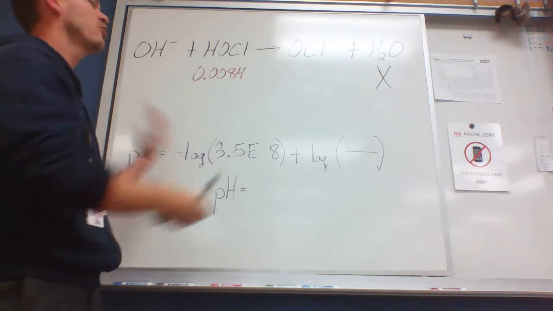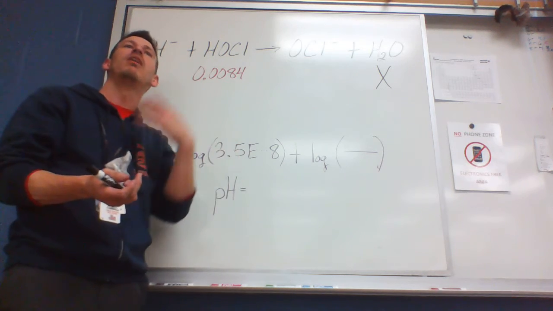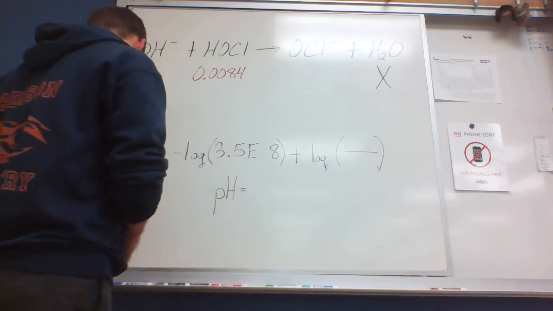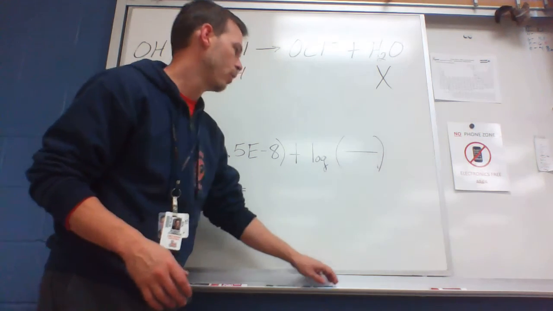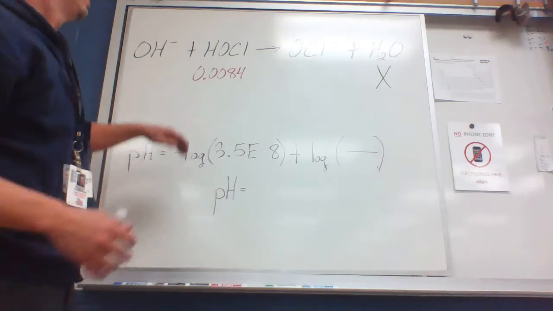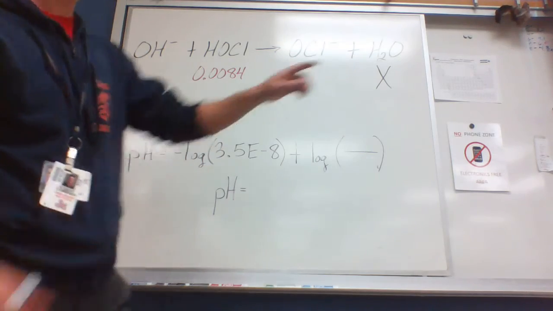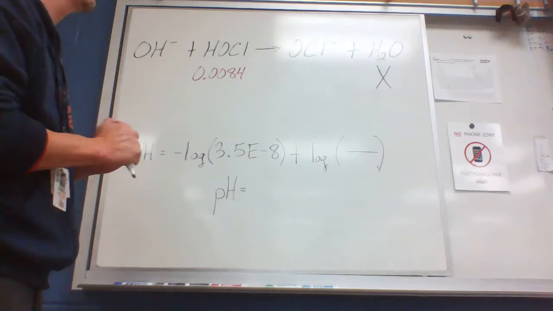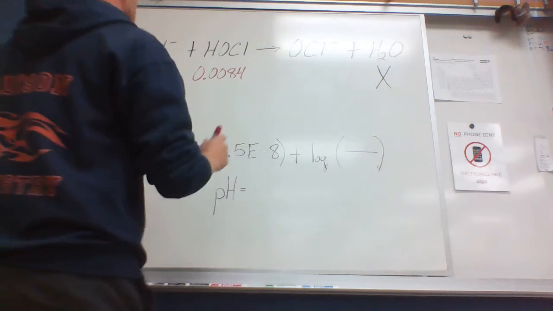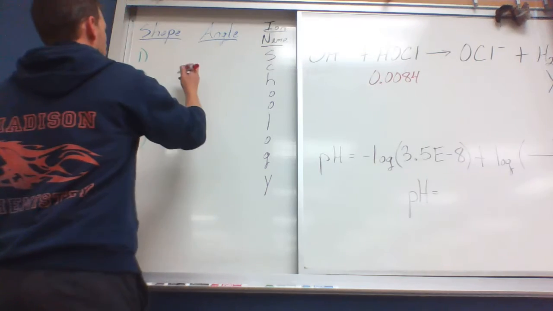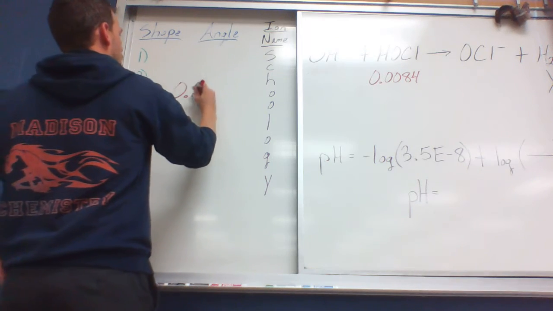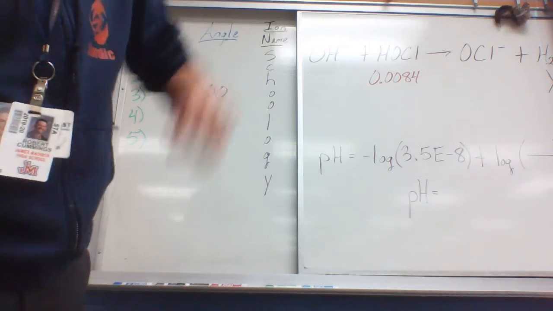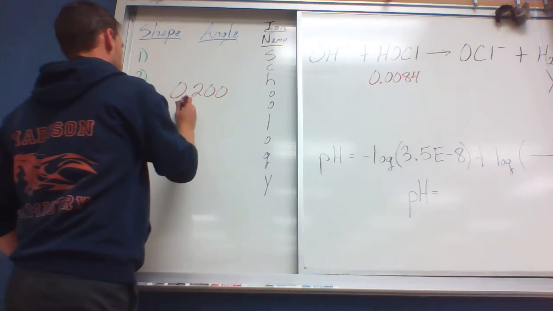And now I can just keep altering this information for the continued invasion. So let's go again. My next invasion is 15 mils of the base. As we said, the base is 0.2, so my base is sitting there at 0.2. But this time, it's 15 mils being added.